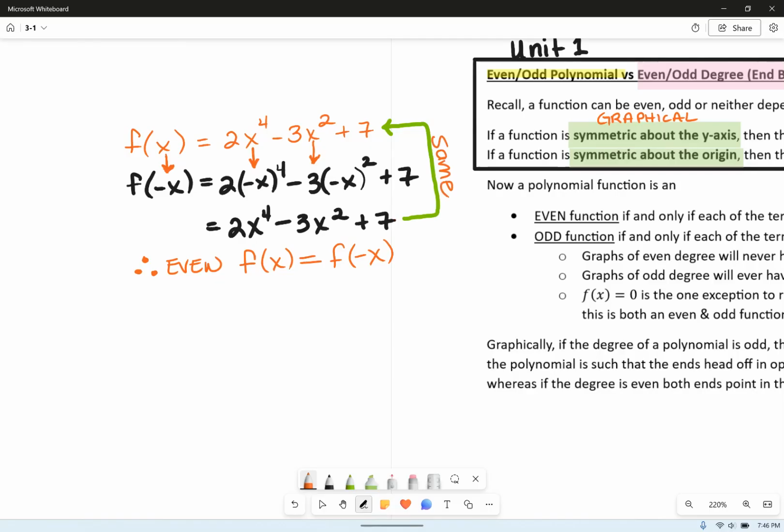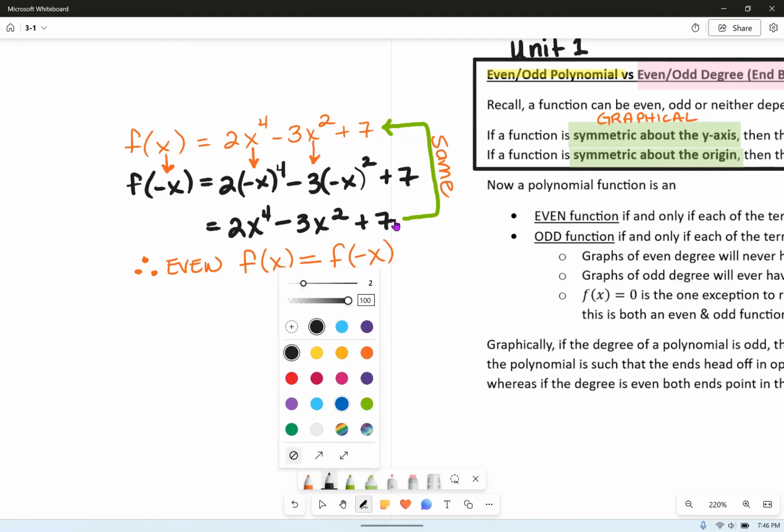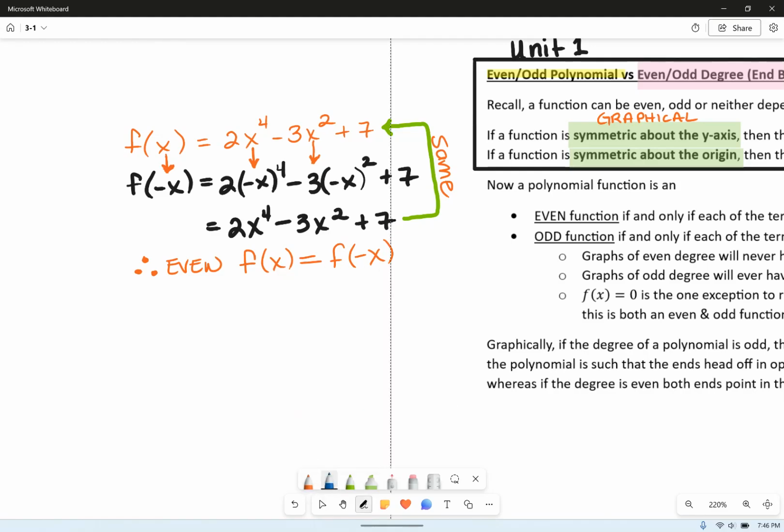And if every single one of those switched, let's say, I'm making this up by the way, let me pick another color here. Let's say this answer right here had ended up being negative 2x^4 plus 3x squared minus 7.